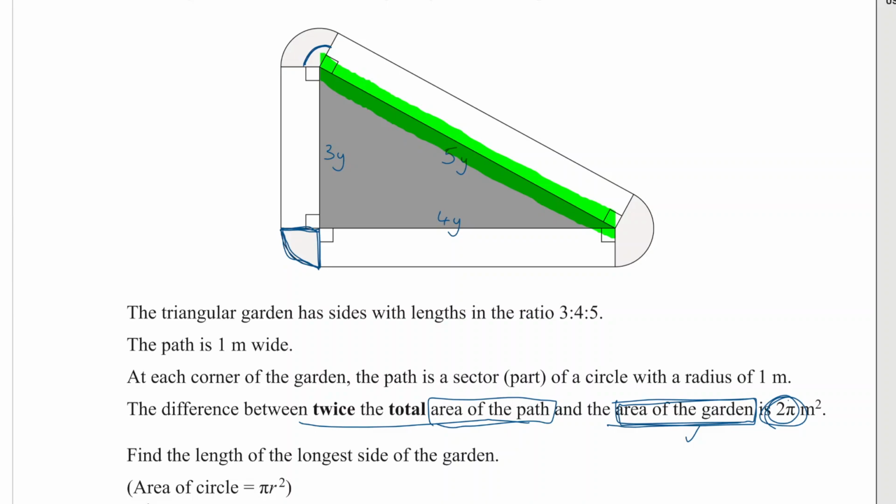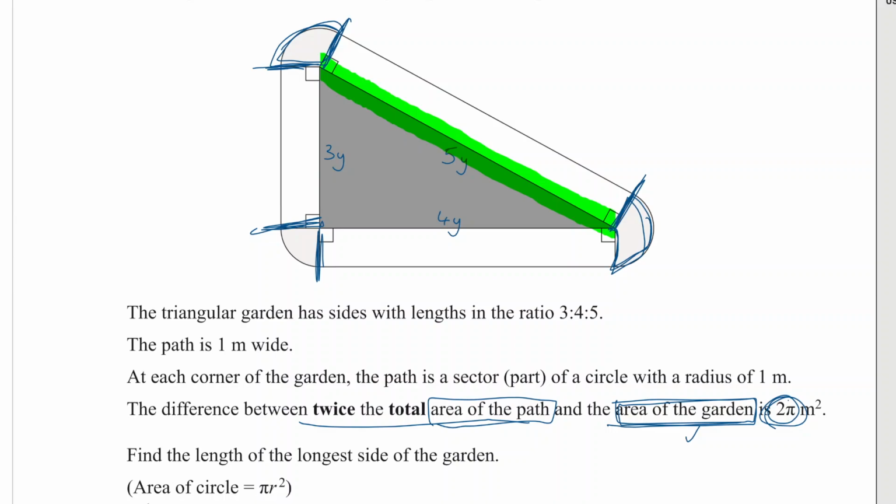But think what happens if we shrink this triangle to a point. This sector will combine with this sector because these lines are parallel. That's parallel. That's parallel. So that would form one complete circle.